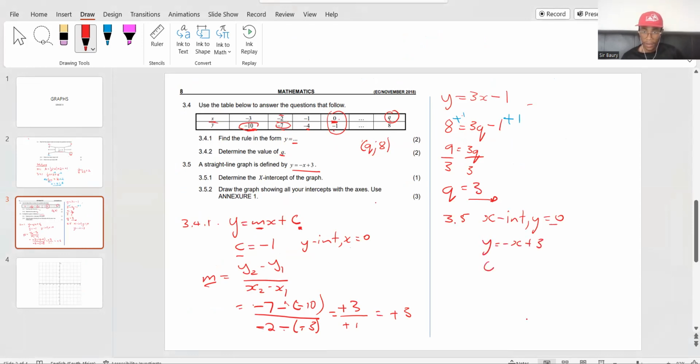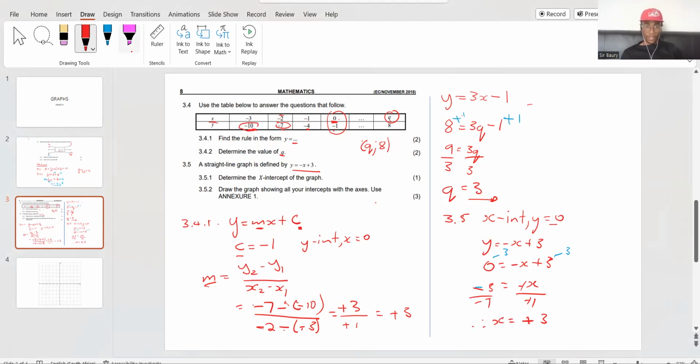I subtract 3 from both sides, so negative 3 is equal to negative x. Divide by negative 1 to eliminate the negative. Therefore, x is equal to positive 3, because negative divided by negative is a positive.